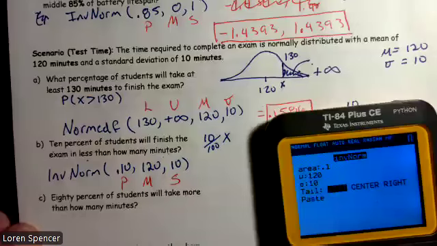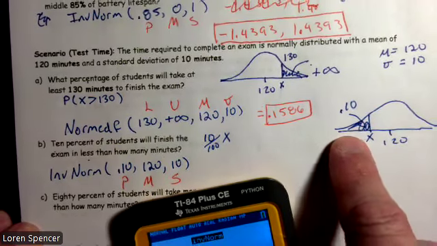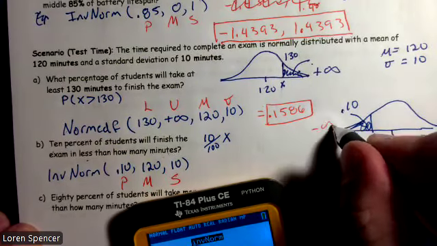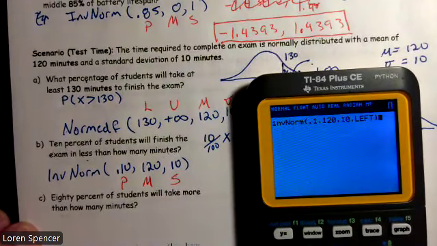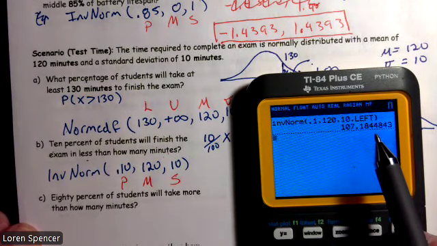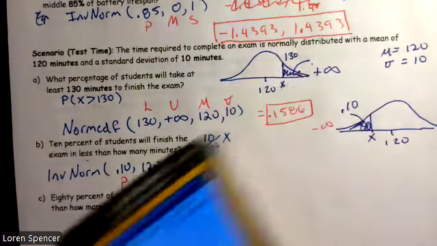Get that stuff typed in the calculator. And if you notice, we're shading from the left-hand side, and I'm going to put this as negative infinity. And we end up getting 107.1844.